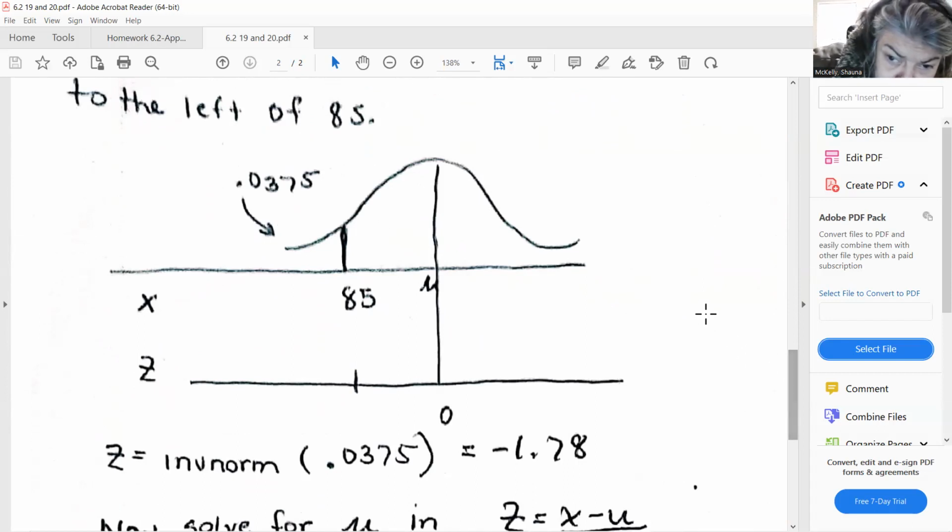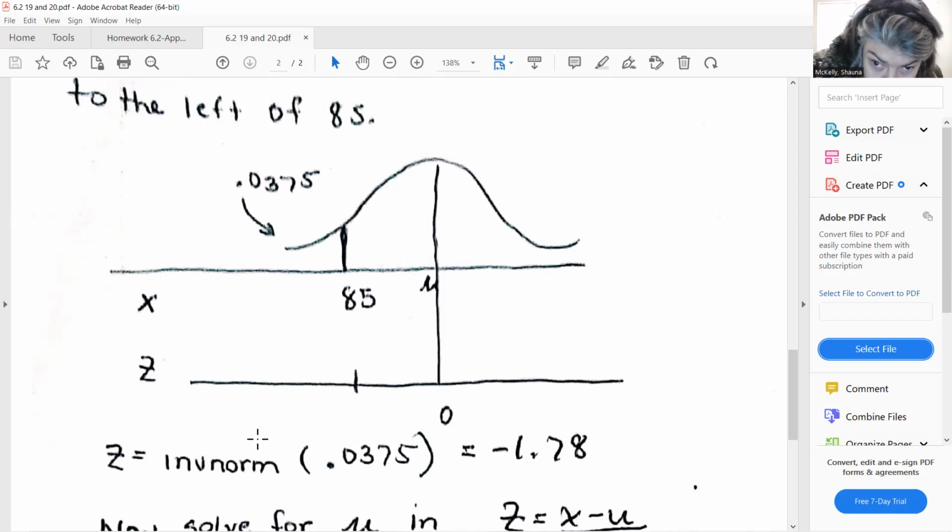So it has to be in the left tail. If it were over here on the right, there would be a lot more data to the left.